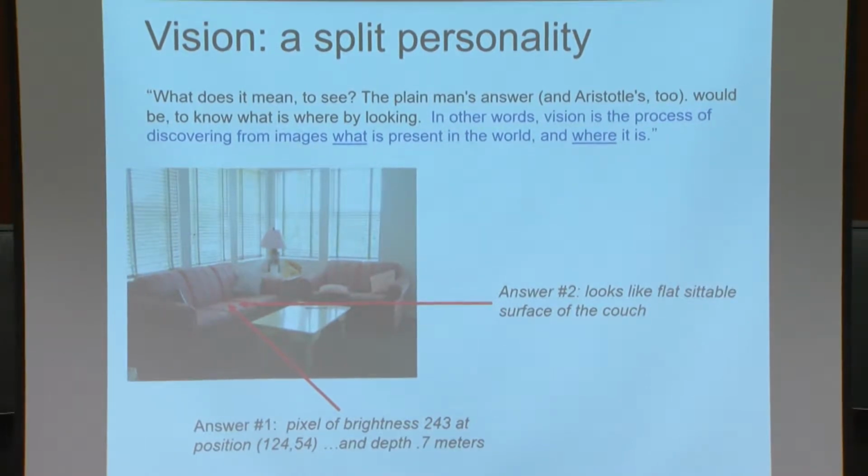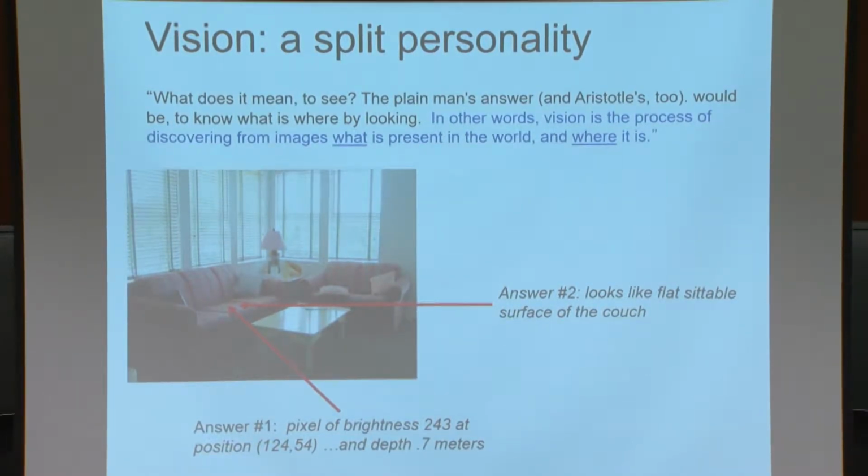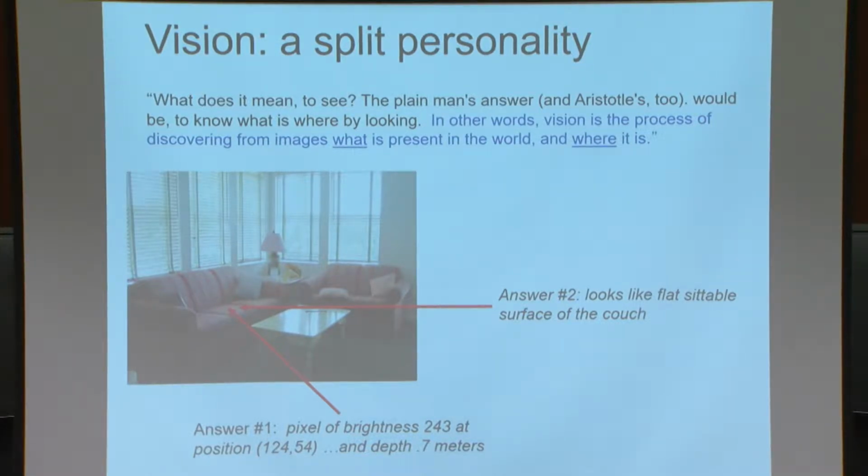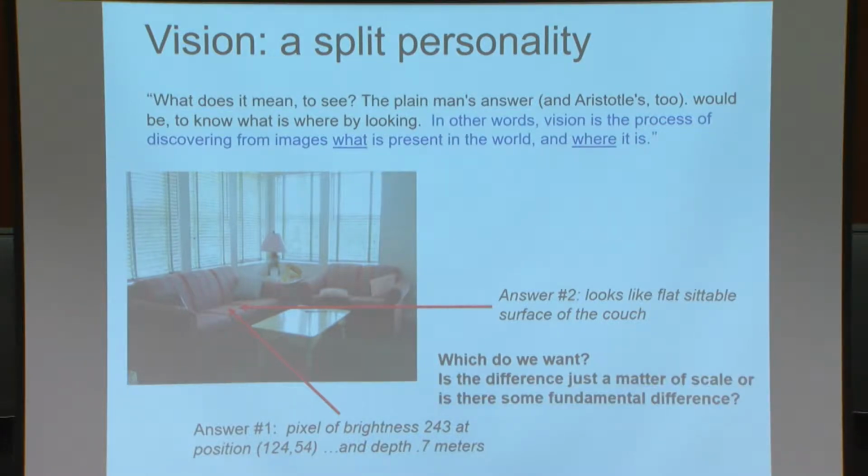One would be the machine level way, where the machine would say this is at a particular X or Y position in the image and it has a particular measurement. The other would be, if I ask you guys, you would give me a more semantic answer about it. That would be, it looks like a flat sittable area. Or you would define it in human language. And this is something that needs to be captured, and that separates out two major parts of computer vision.